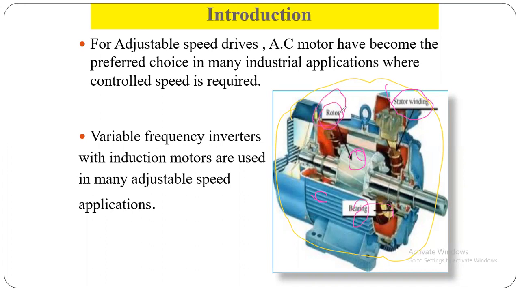These are the three main parts according to which the induction motor operates. Nowadays the induction motor is used in many applications, which is very beneficial for industrial processes as well as domestic and commercial use. Variable frequency inverters with induction motors are used in many adjustable speed applications.